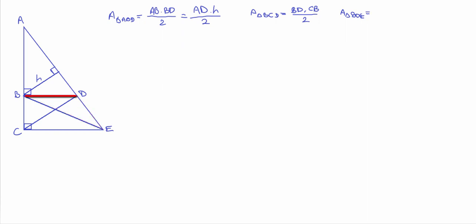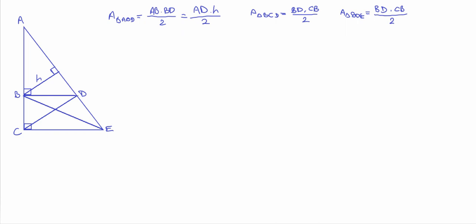Again, the base is going to be BD and the height is again actually CB divided by 2. So are you able to see that these two triangles have the same area? I hope you're able to see that CB is also the height of the triangle BDE, just like it is the height of the triangle BCD.